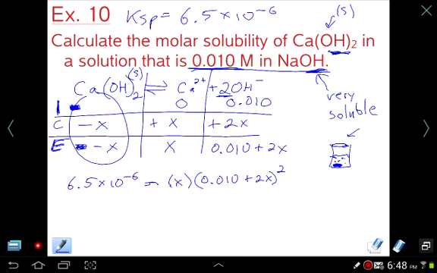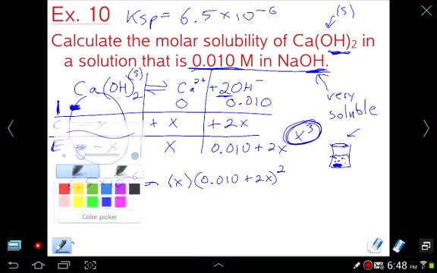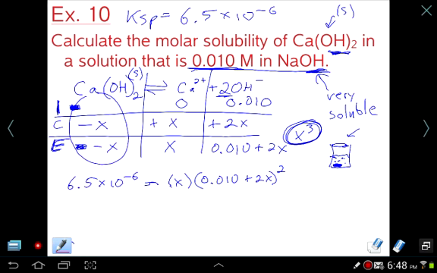In fact, if you were to try to solve this using standard methods, what you will find is you have an x cubed term, which will provide a lot of fun or difficulty trying to solve. So what I would do in this case is use our old rule of ignoring x, because x in this case will be so small compared to our KSP.